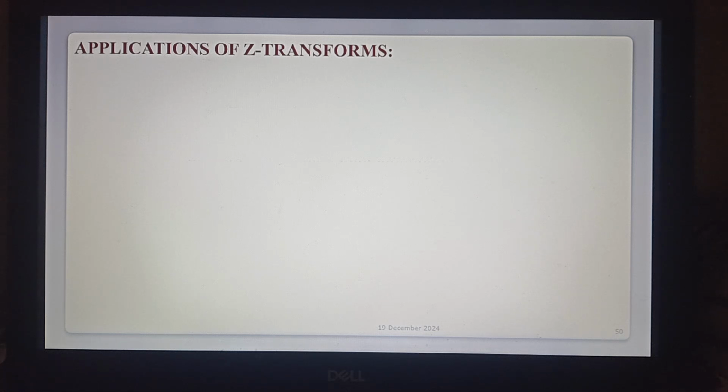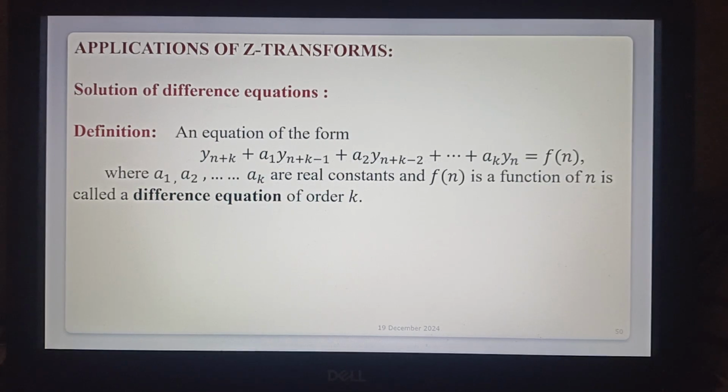What is the definition of a difference equation, and how do we find the solution of the given difference equation using the Z transform? First, the definition: an equation of the form y(n+k) + a1 y(n+k-1) + a2 y(n+k-2) + ... + ak y(n) = f(n), where a1, a2, up to ak are real constants and f(n) is a function of n, is called a difference equation of order k.